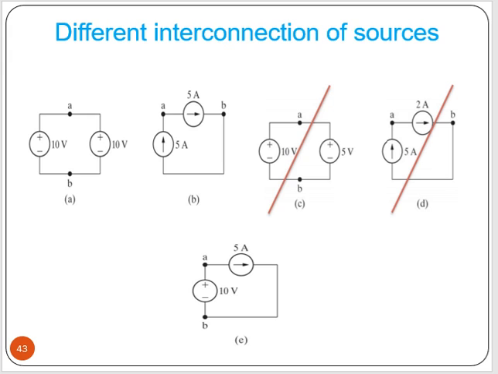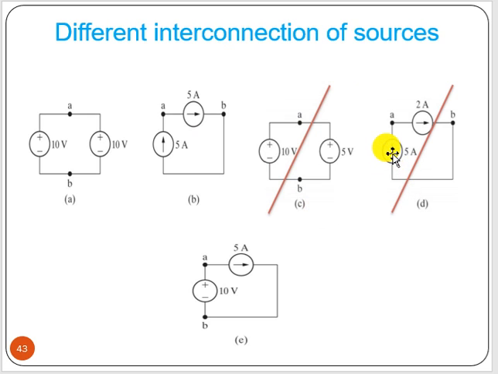Now let me show you different interconnections of sources. Suppose two voltage sources are in parallel, then both values should be the same. If two current sources are connected in series, then the values should be the same. That means if one voltage source is 10 volt and another is 5 volt, that is a wrong connection.